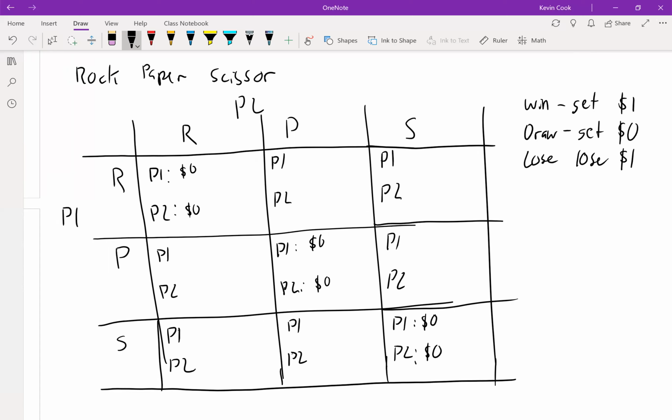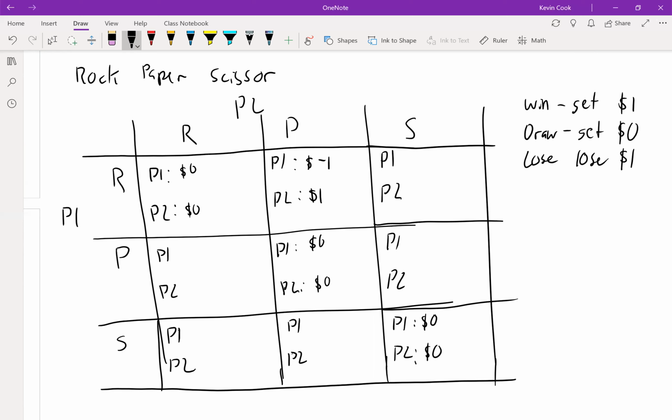If we tie, we don't get anything. However, for the other situations, I can look into them as I go through and figure out what we win and what we lose. So if it's rock versus paper, player one picks rock, player two picks paper. In this case, player one would lose and player two would win, because paper covers rock.